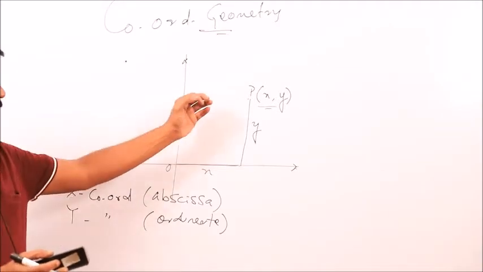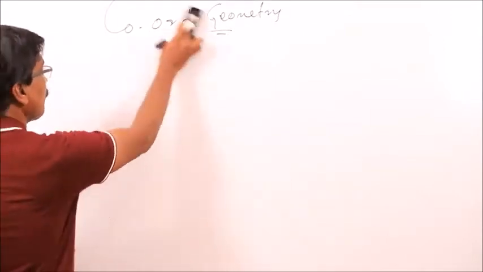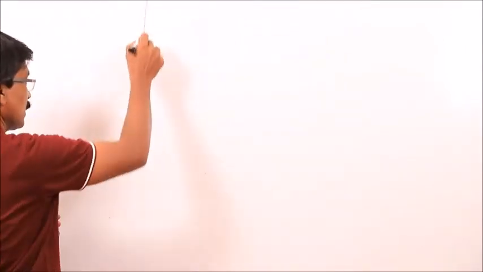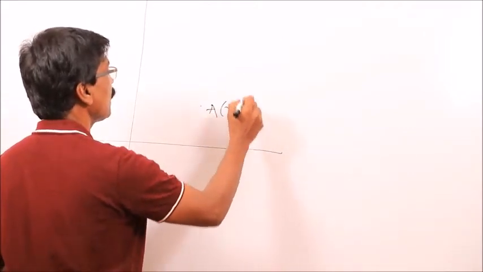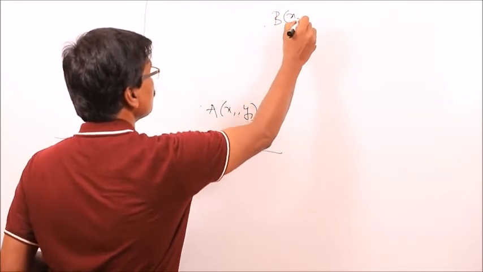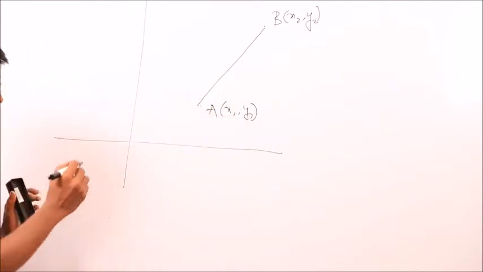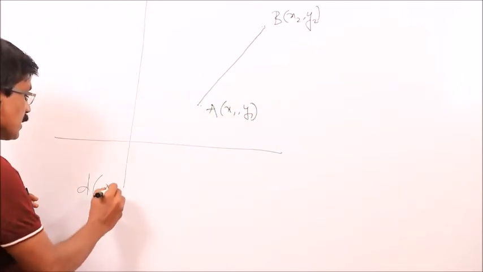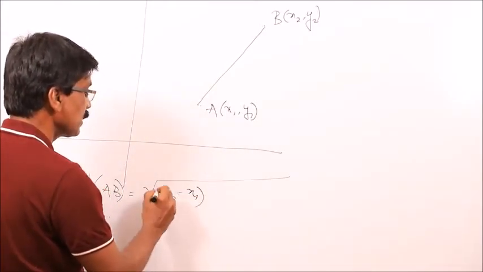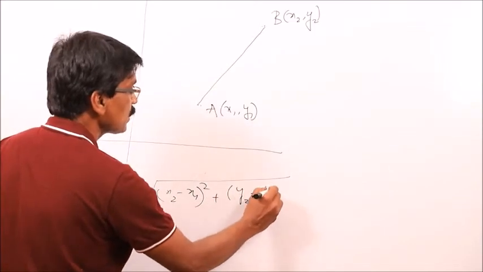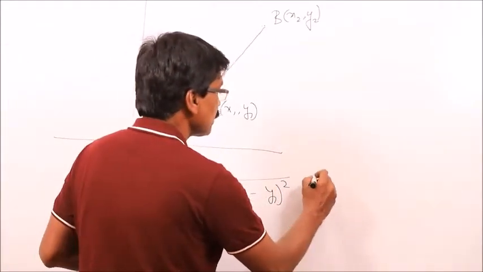Next we find, suppose there are 2 points A and B having coordinates x1, y1 and x2, y2. The distance AB is defined to be the square root of x2 minus x1 whole square plus y2 minus y1 whole square. This is called the distance formula.